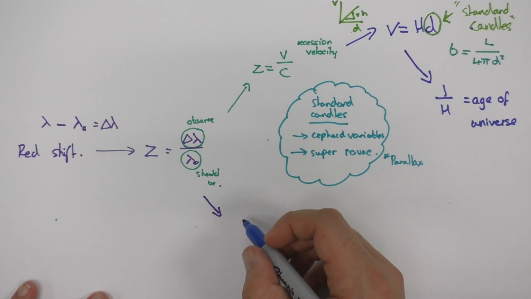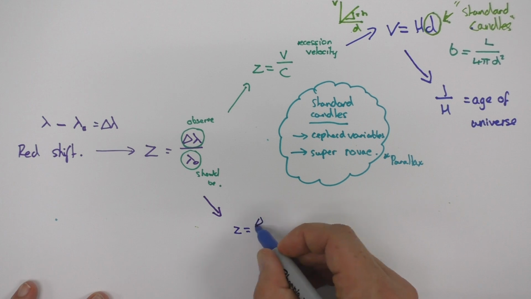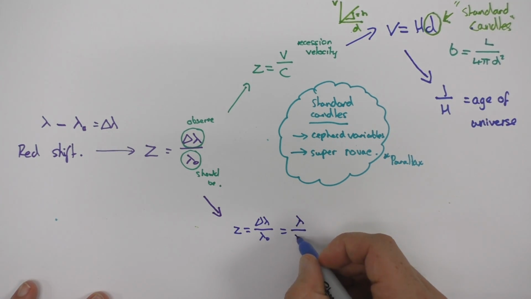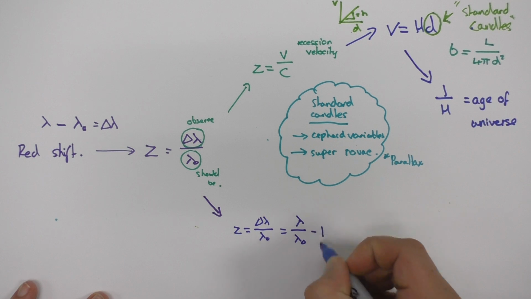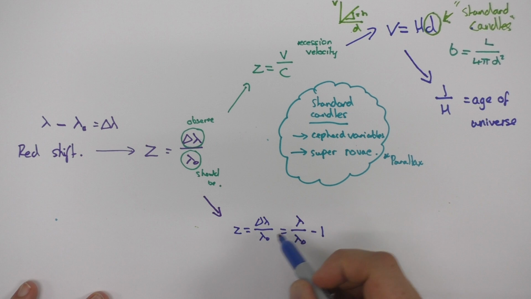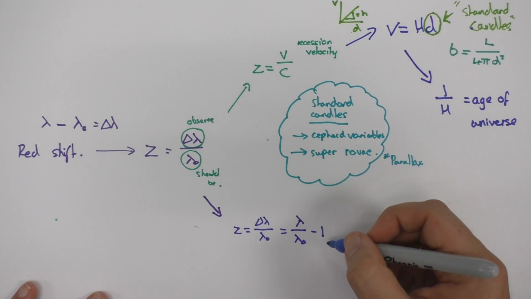What we can notice is that this z factor is equal to delta lambda over lambda 0, but that's also equal to lambda over lambda 0 minus 1. You can test that mathematics any way you wish. You can throw numbers into that to prove that that's the case, but it does work.